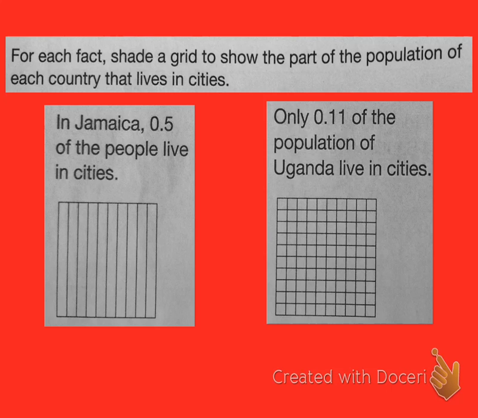So you would need to draw the picture, the grid of 5/10. And you would need to draw another grid that shows only 11/100 of the population in Uganda live in cities. So you need to draw a grid that would show 11/100.